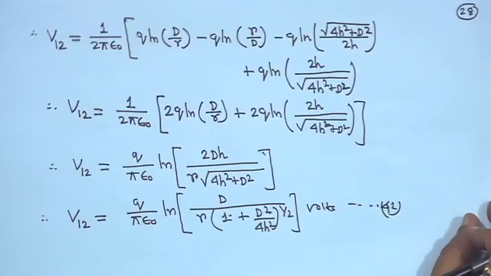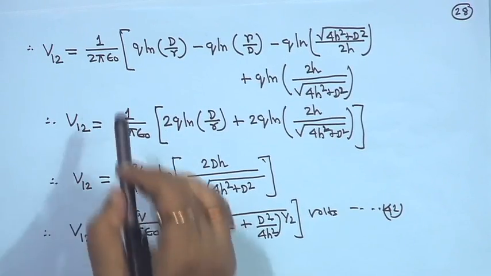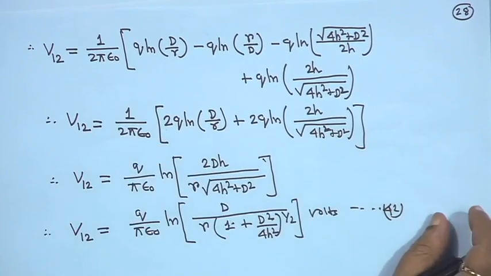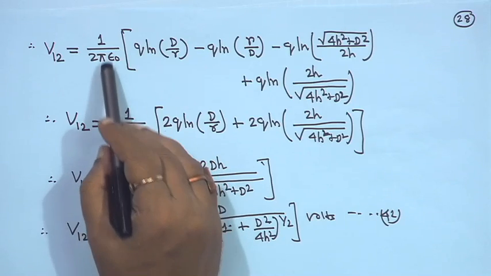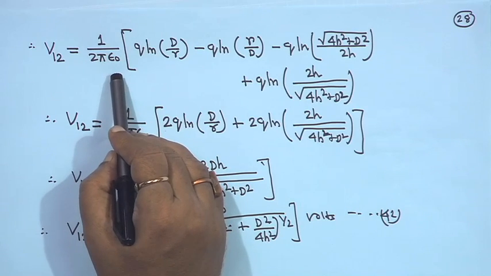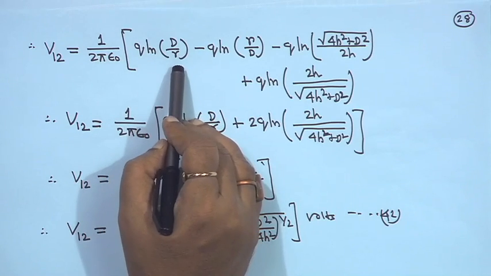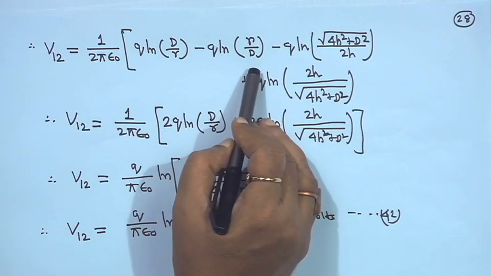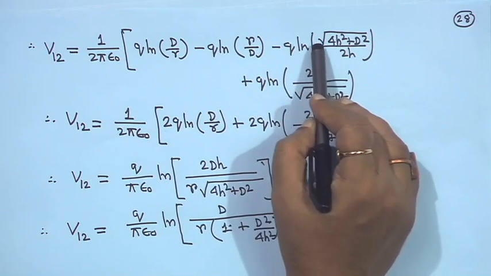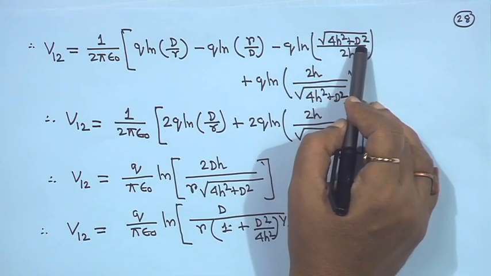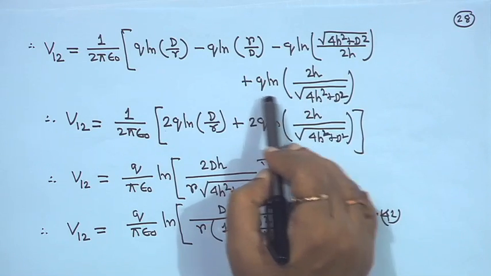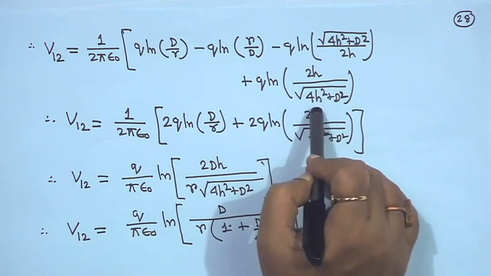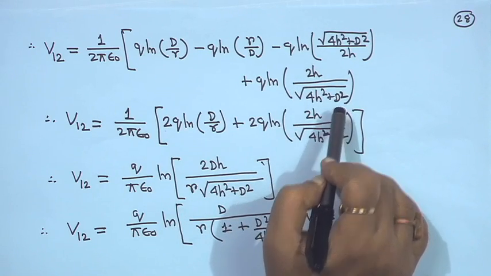Therefore, after substitution V12 is equal to 1 upon 2 pi epsilon 0 [q ln d upon r minus q ln r upon d minus q ln root over 4h square plus d square divided by 2h plus q ln 2h root over 4h square plus d square].